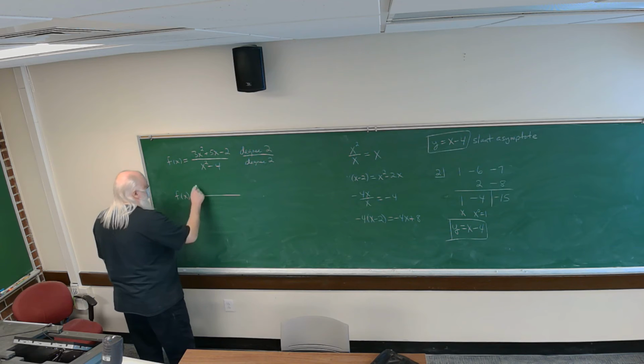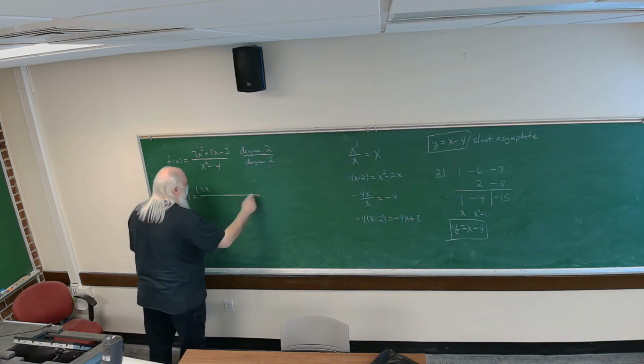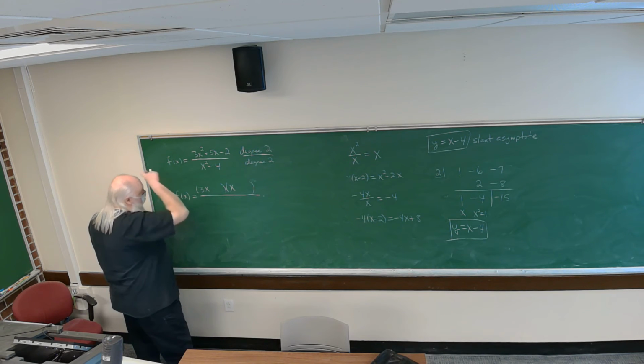So the numerator, you guys have to remember, I'm doing this live. I have to factor this while I'm standing up here. So we have 3x times x, and then plus and minus 1 and plus and minus 2.